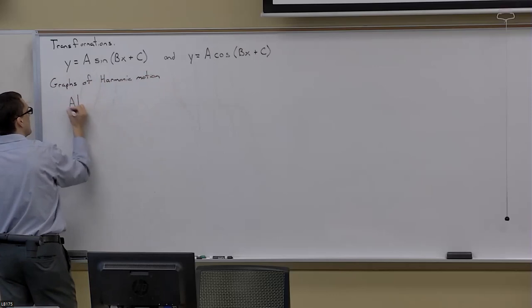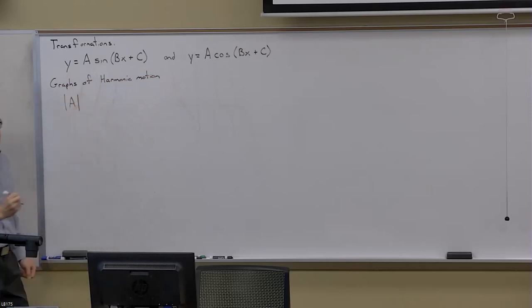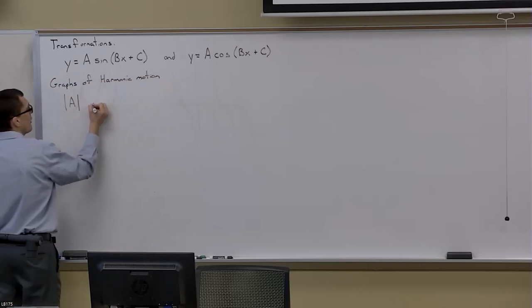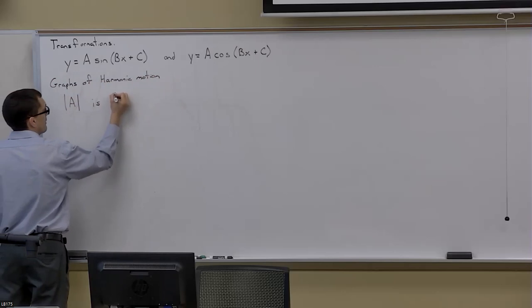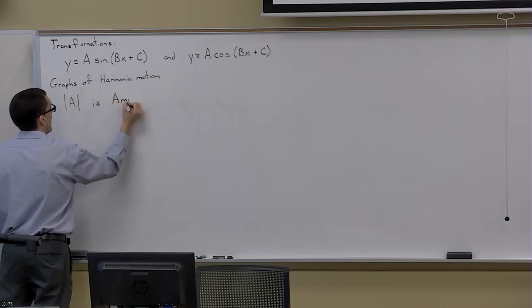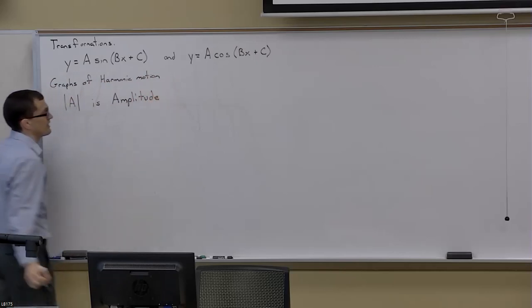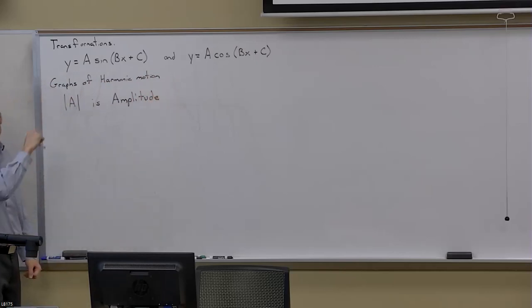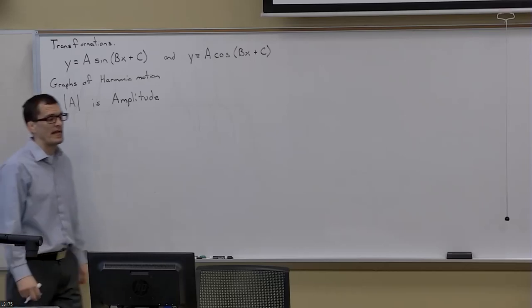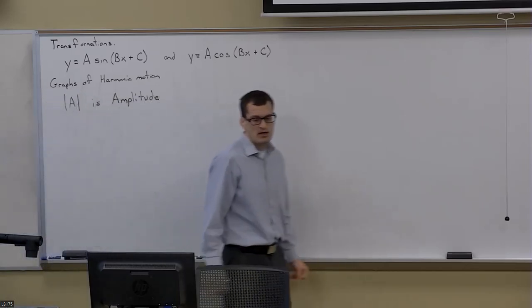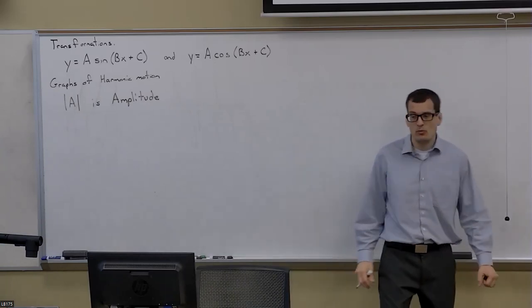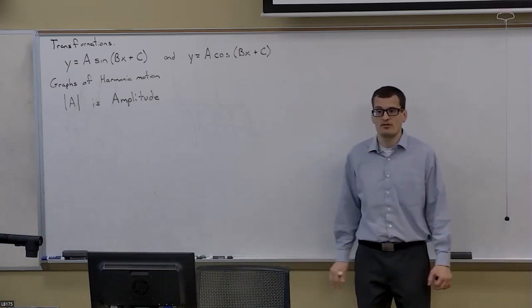A, and I'll use the absolute value of A, is known as the amplitude. So if you think about a wave, how far up and down, right? So A is called the amplitude of the wave.